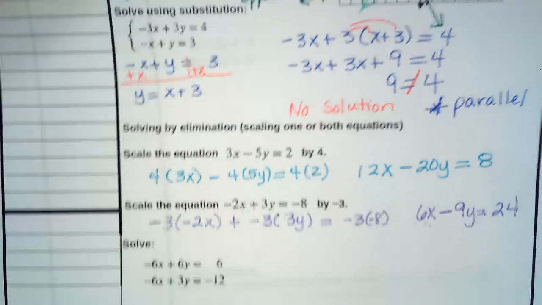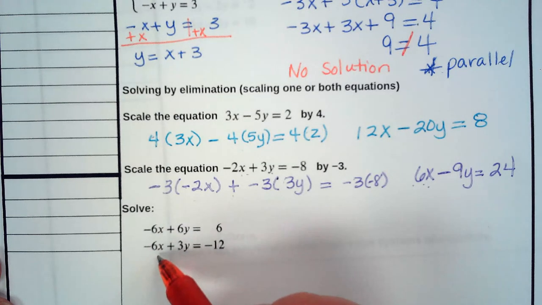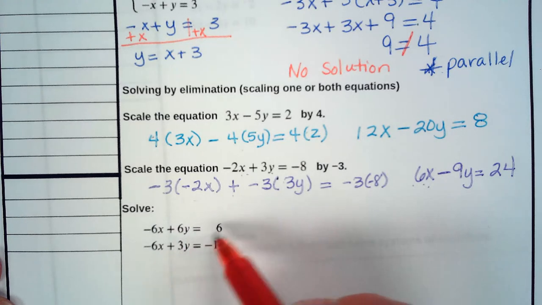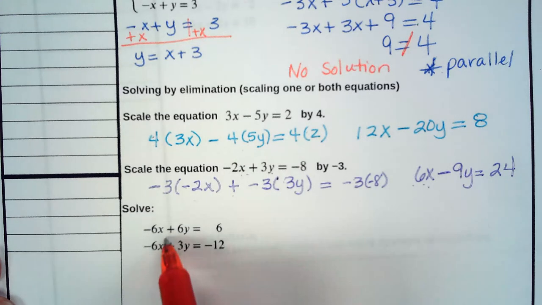Okay, so we're going to look at solving now. If I'm looking at negative 6x, negative 6x, 6y, 3y, 6 and negative 12, if I want to do this, then I need to scale, I need one of these to be the opposite.